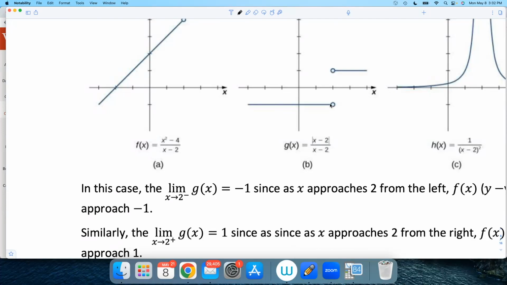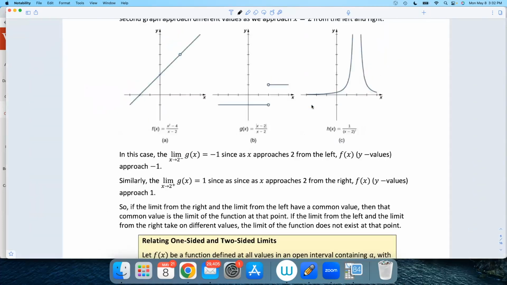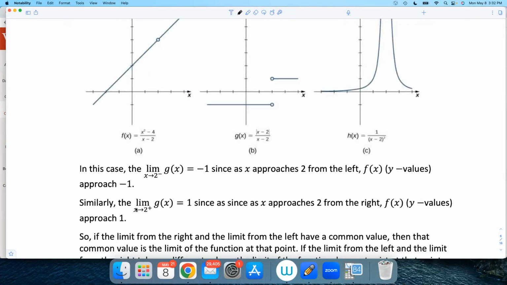What are your y values close to? Well, they're all the same. They're all -1. But this notation says same function, g of x. Look near x equals 2, but that plus there means just a little bit above 2. So here's x equals 2, a little above 2.